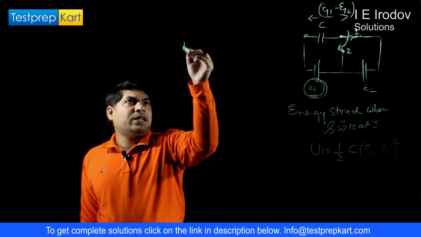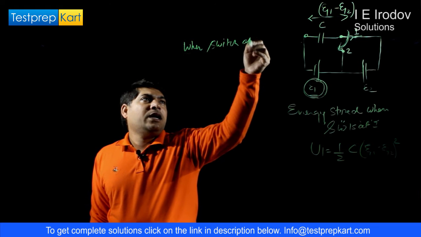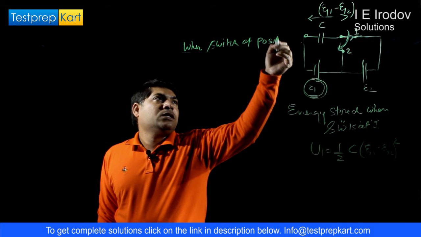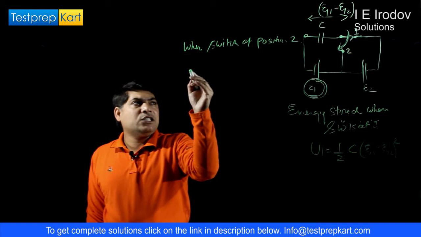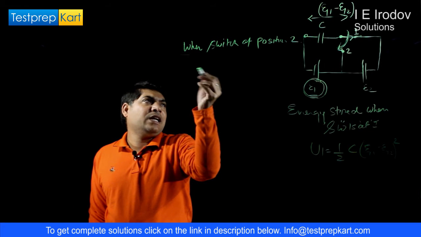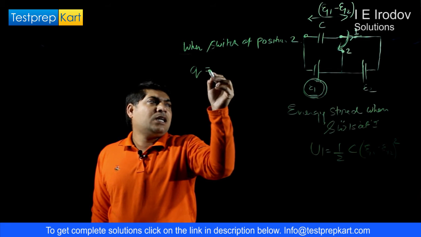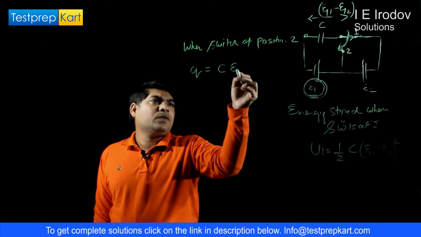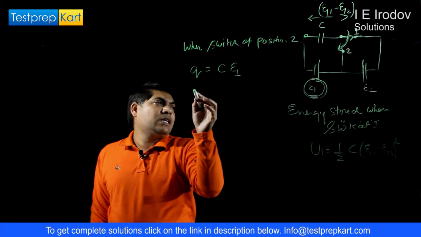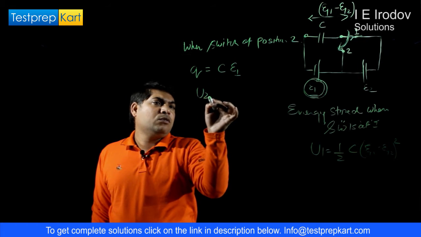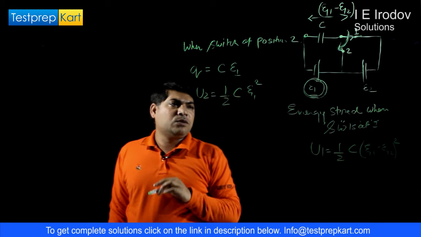So we can calculate that when the switch is at position 2, first we can find out the charge stored in this capacitor. That charge stored would be C into E1, and second, the energy stored in this capacitor, U2, will be half C into E1 square.